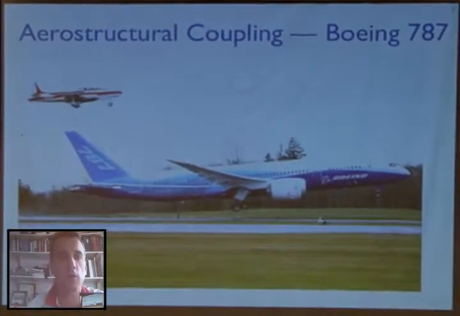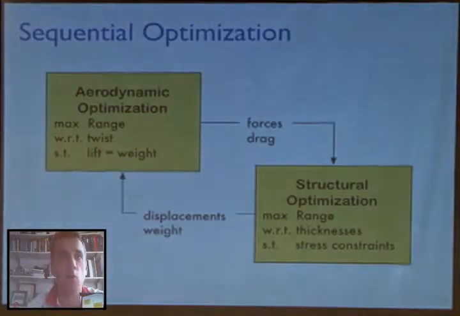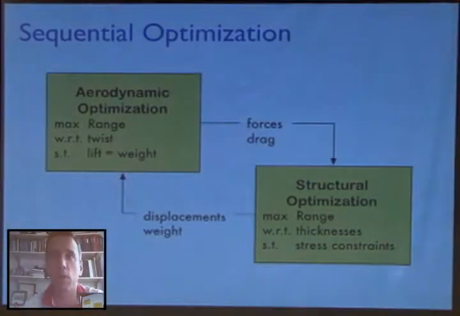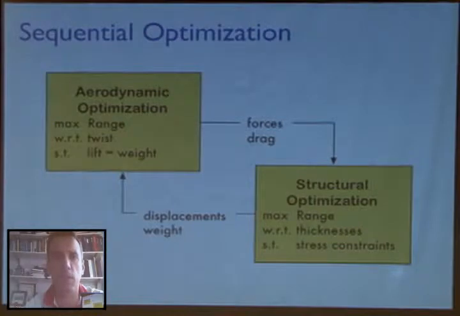Going on to the next slide, what you see in this flow diagram is a typical approach used in industry, which is called sequential optimization. And I'm going to show you some results comparing sequential optimization to MDO.